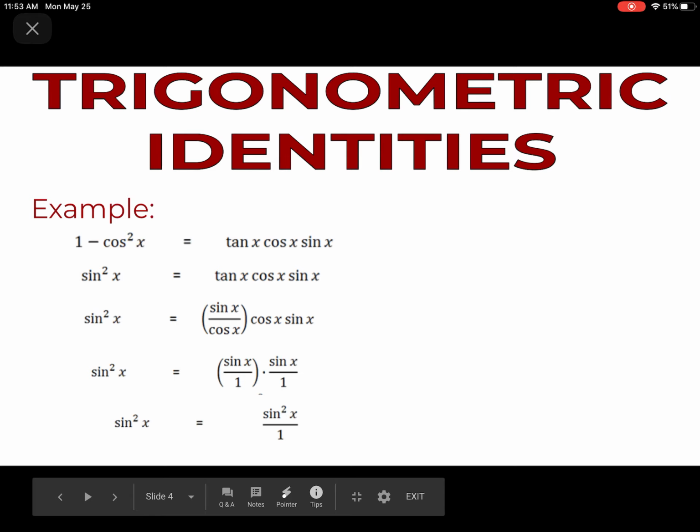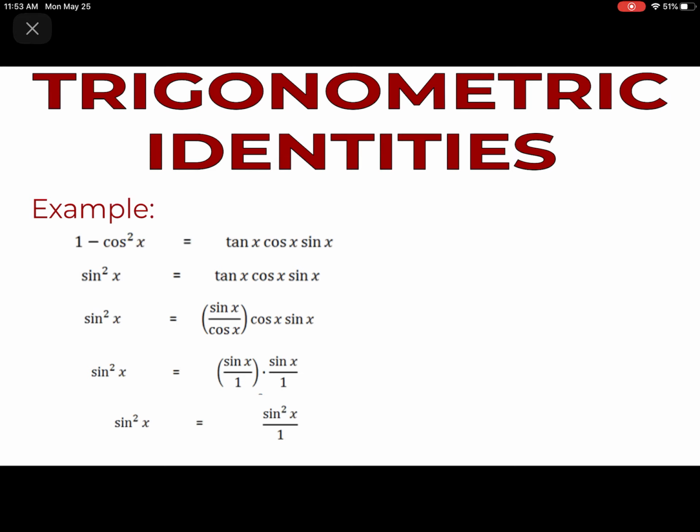Okay? So then I have sine squared x equals sine squared x over 1. And this becomes sine squared x equals sine squared x. All right? So I can do this. I didn't explain this previously. I can do this because my cosines cancel out. So then I have sine squared x over 1 times sine squared x over 1. And that's how we simplify all that.